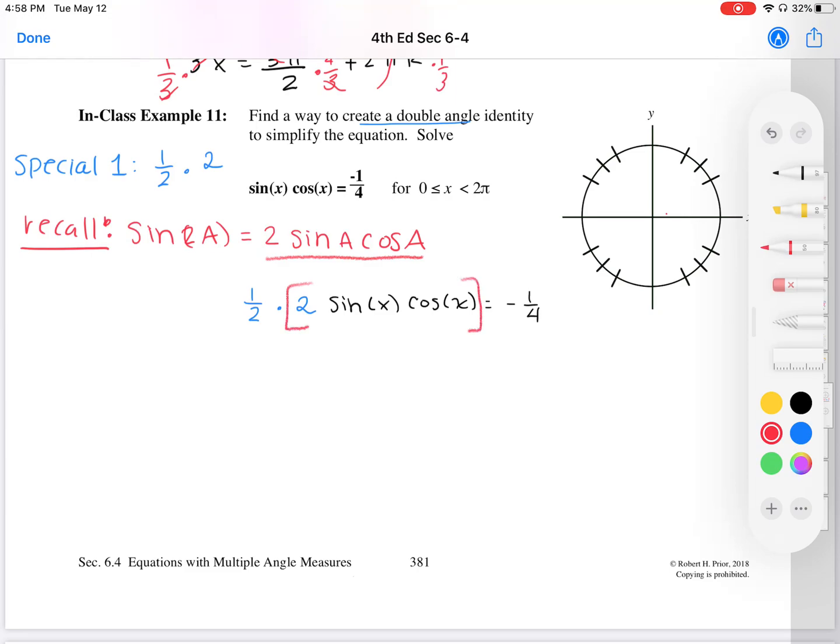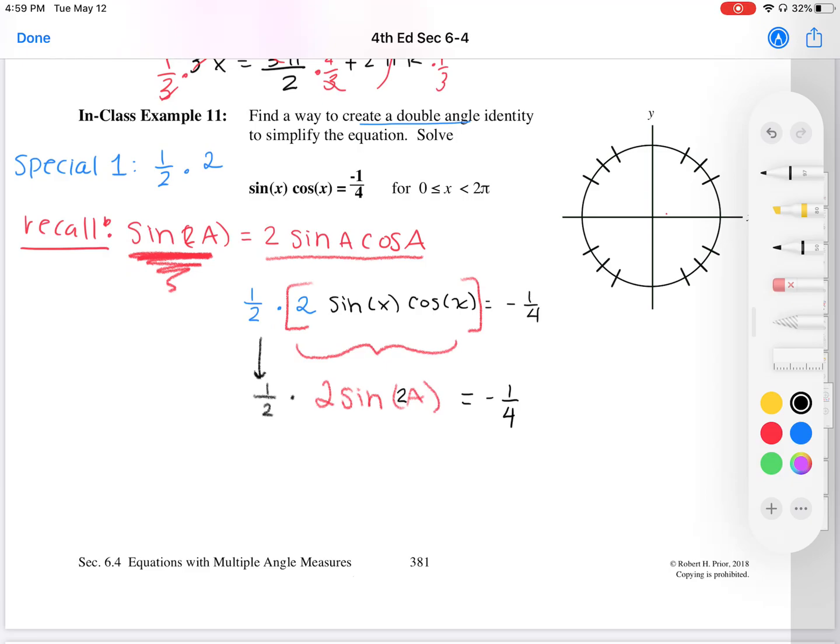Isn't that equal to sine of 2a? So let's go ahead and replace this with sine of 2a, but don't forget to bring down that 1/2, is equal to negative 1/4. Now we managed to get rid of that cosine and only have it in terms of sine.